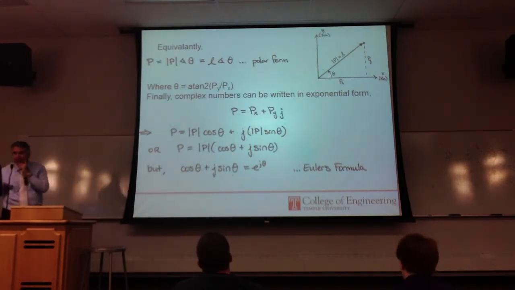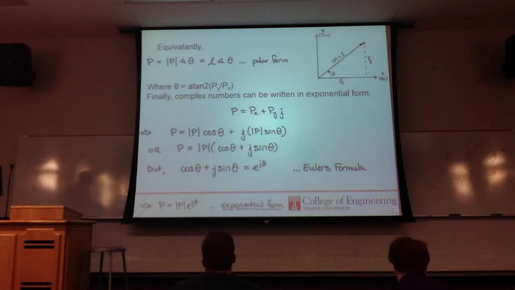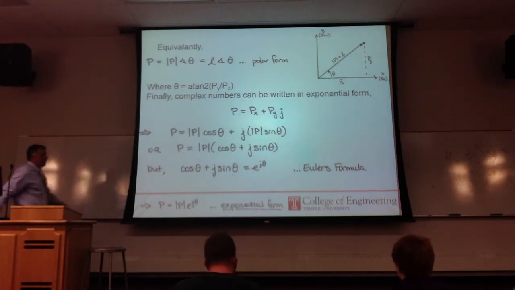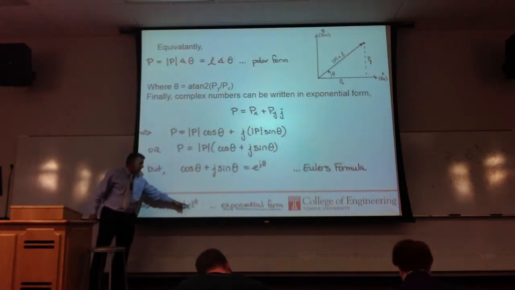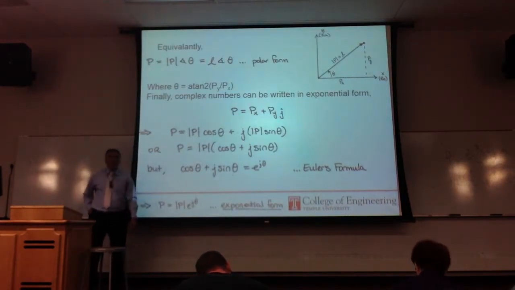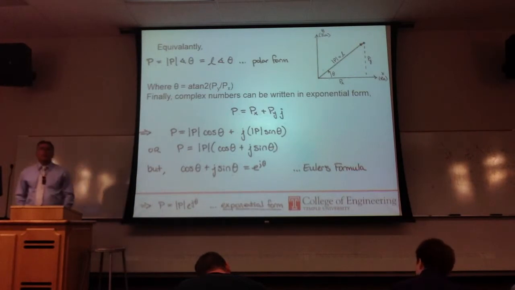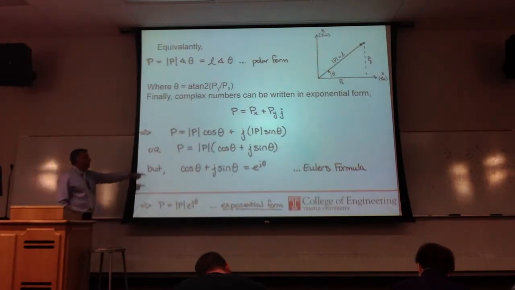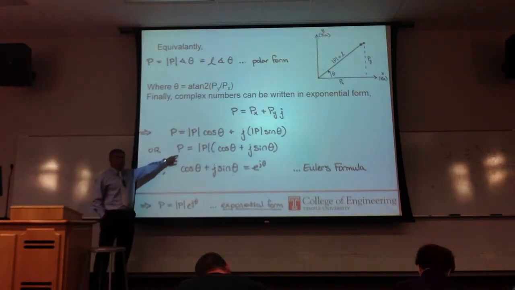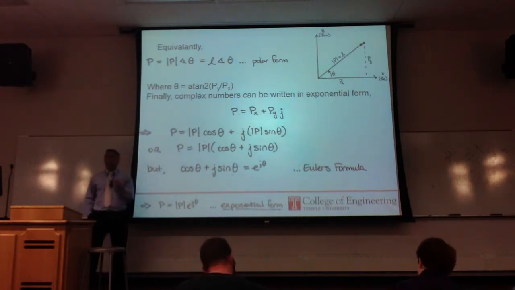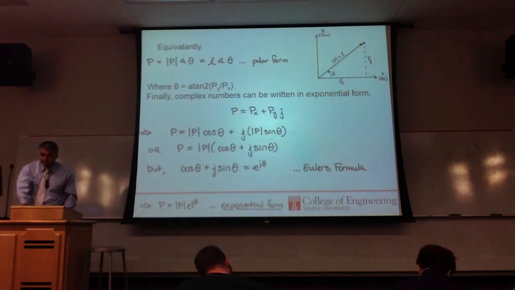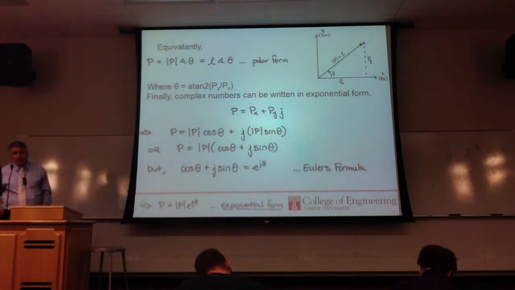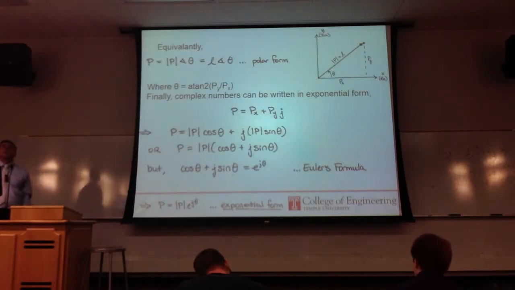So basically, now we can describe P in exponential form as the magnitude of P times e^(j theta), which is exactly the same as what we have up here. Questions so far?